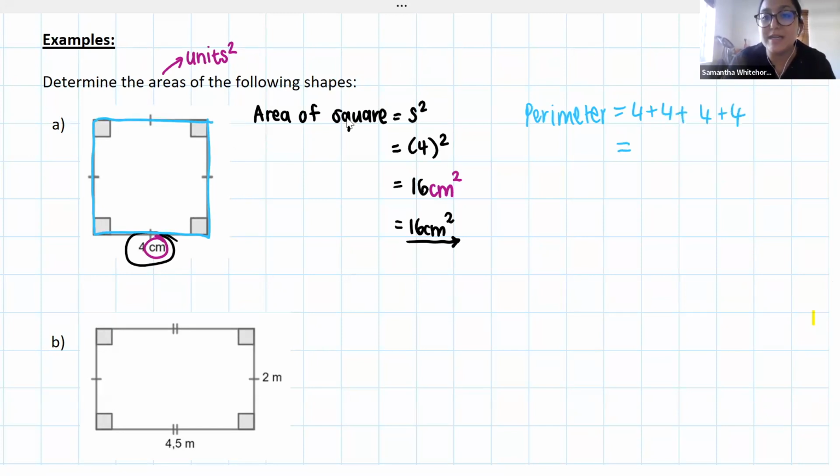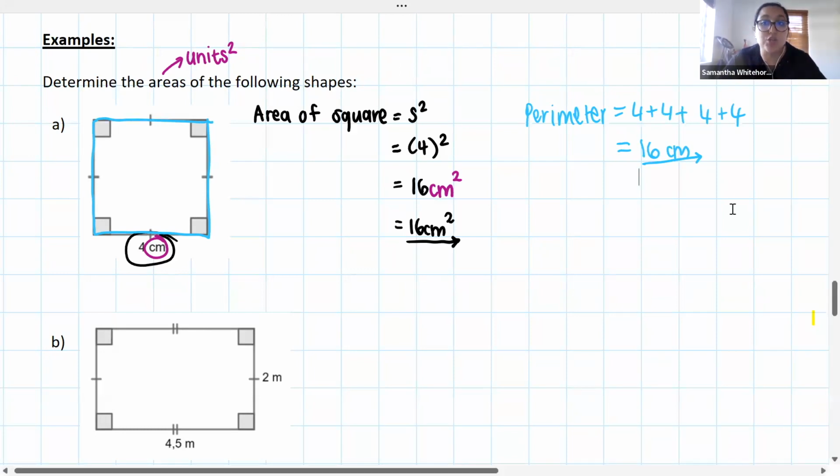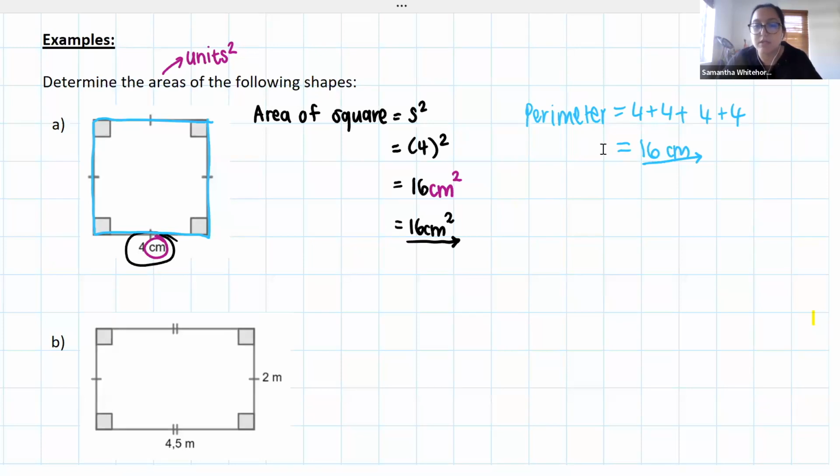But area is a multiplication, 4, 8, 12, 16. Area is a multiplication. So anytime I ask you for area, you should be multiplying somewhere. It happens that both answers are 16, but one would be 16 centimeters, whereas the other is 16 centimeters squared. Okay, so really good distinction to make, Kenya. Well done for asking that question.